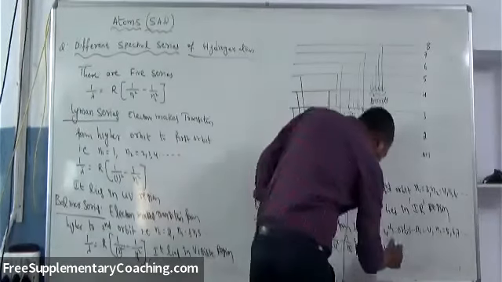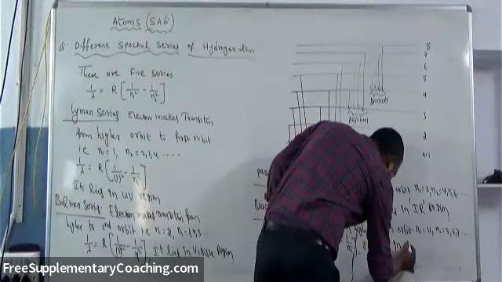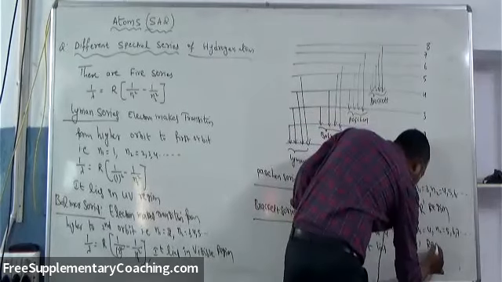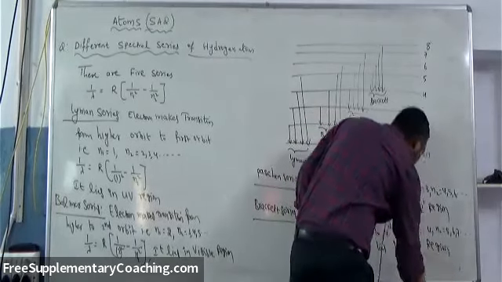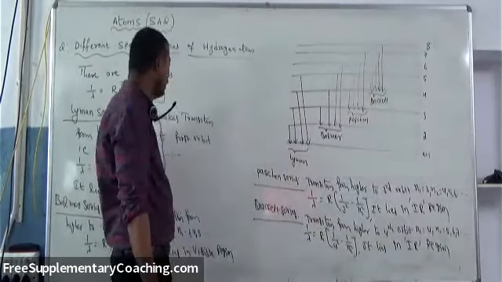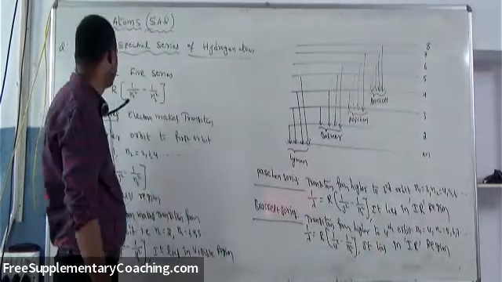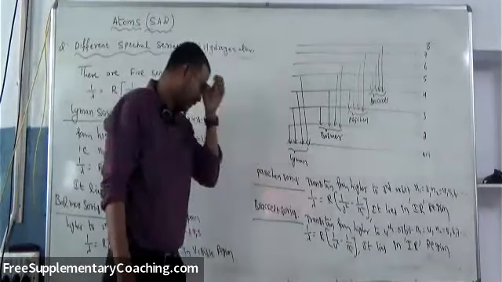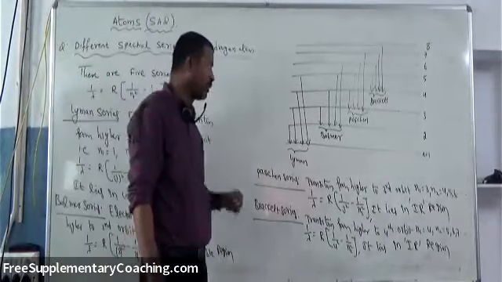So it also lies in the infrared region. Clear now? Brackett series, transition from higher to fourth orbit.